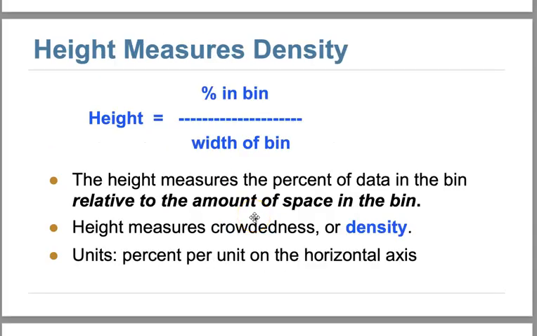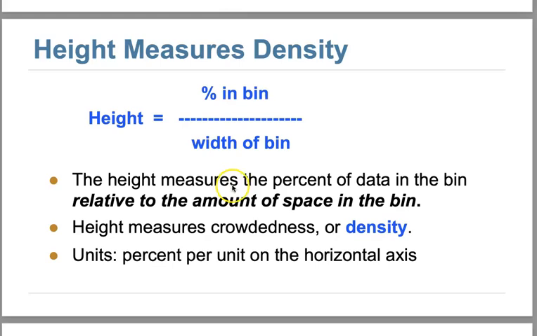Again, we know how to calculate the height. The height is the density. We say the height measures density because you have your percentage per unit, depending on your x-axis unit. That is the percent for that bin divided by the width of that bin.